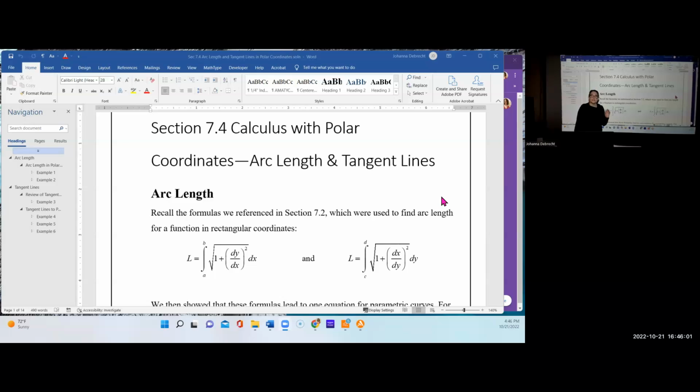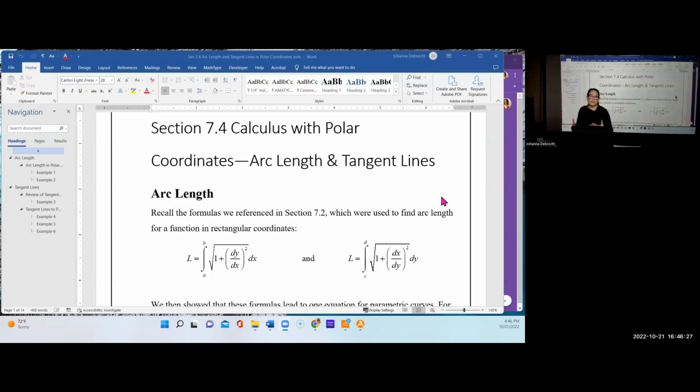If the equation is better written as x equals some function of y, then you can integrate with respect to y, but the equation is very, very similar. In this case, though, we take dx/dy, the derivative of x with respect to y, square that, add 1, then we take the square root of that entire expression, and then we integrate from y equals c to y equals d.